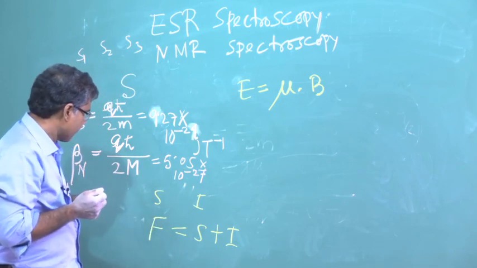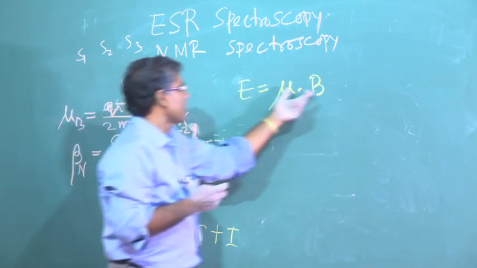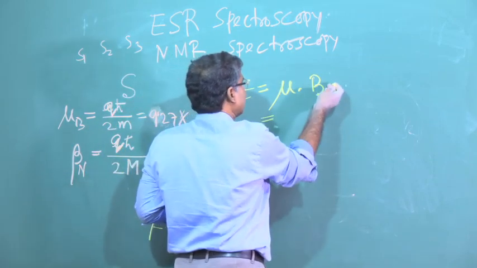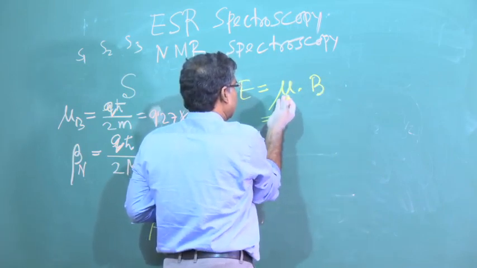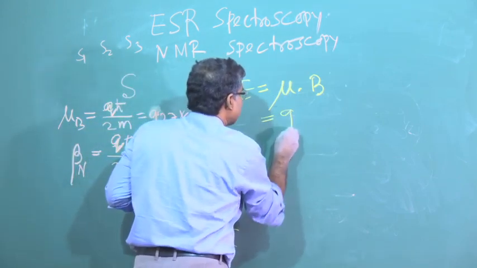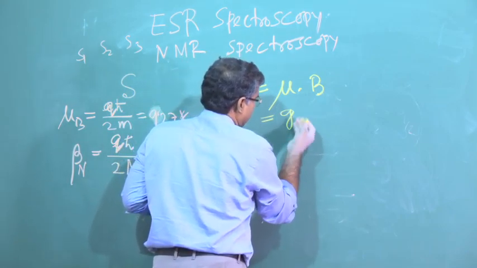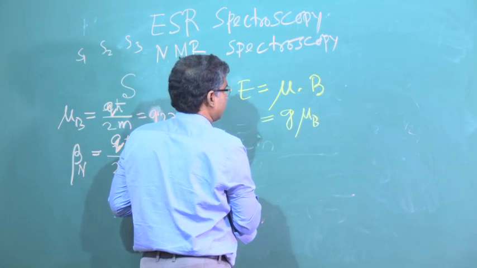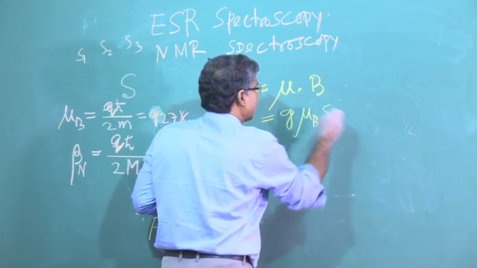So, this mu dot B, if you apply this along the z direction, then this mu is so it is the G. In case of electron it is mu B, G mu B, and S Z I can write.